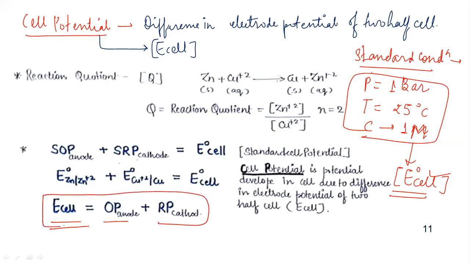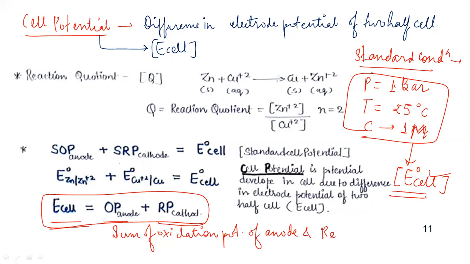Remember that the cell potential is the sum of the oxidation potential of the anode and the reduction potential of the cathode. This is E cell, the cell potential.